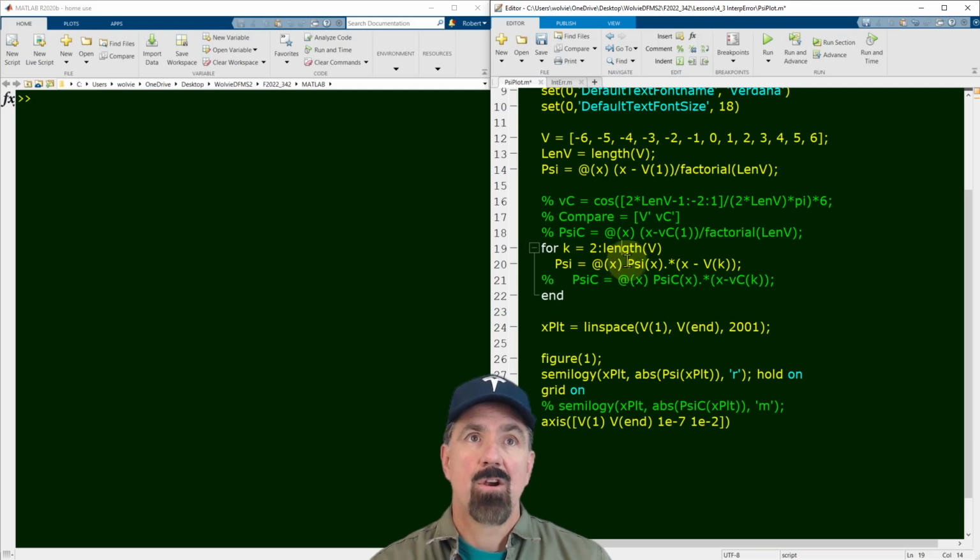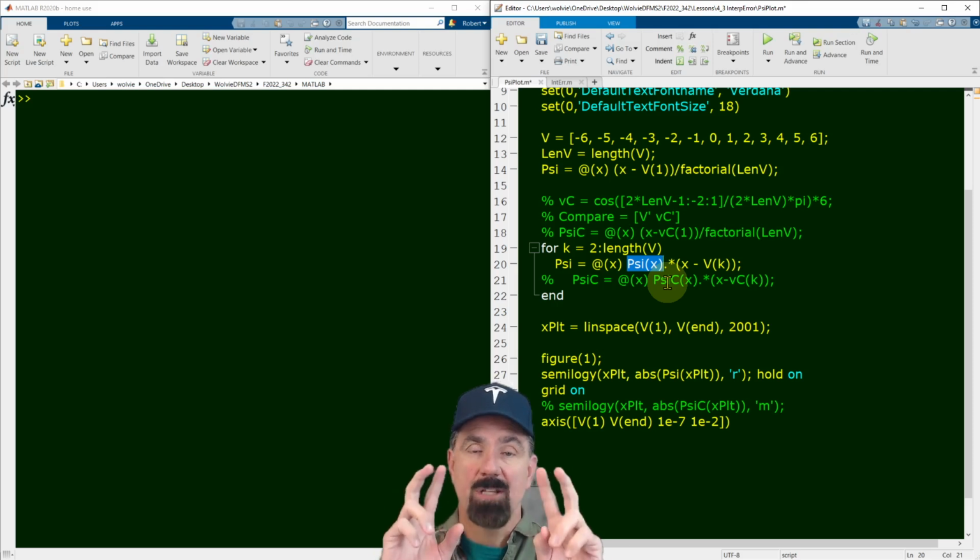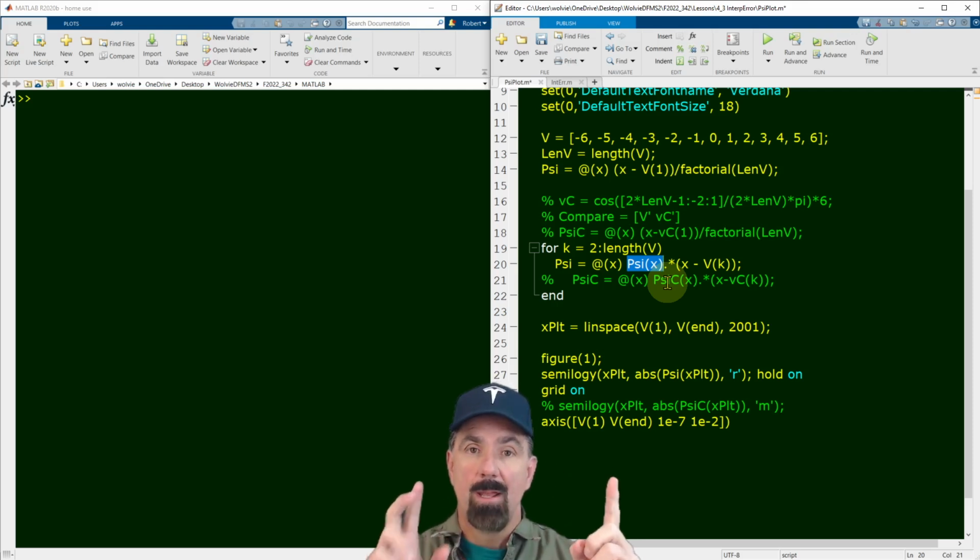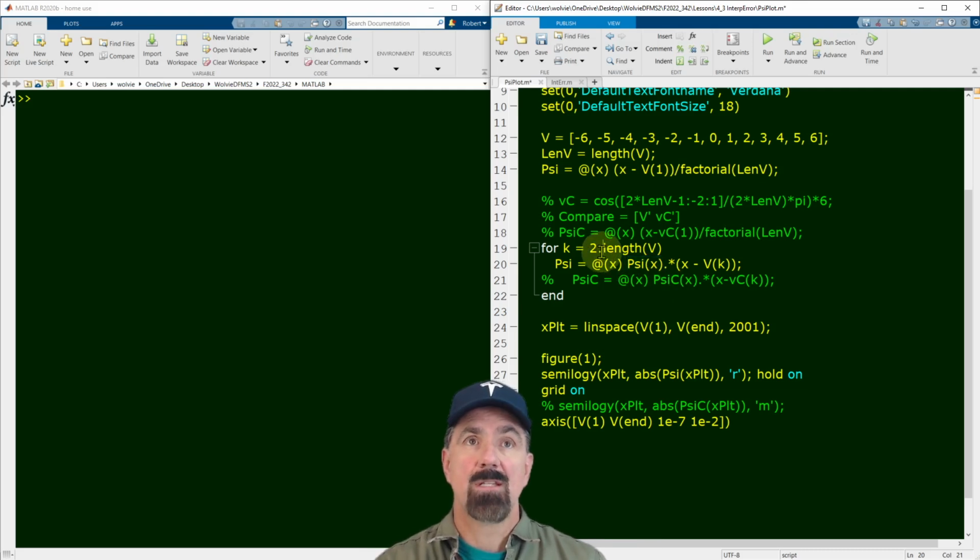I'm going to take the current psi function as a function of x, which is this factor right here divided by the factorial, and multiply it times the next factor. And then I'm going to come around the loop and do the same thing. So the second time through, my psi has 2 factors in it, and I'm going to multiply by the third one. And I'm just going to keep doing this until I have multiplied in all of the factors through the vector v. And then we'll just take a look at what the plot is coming out of this.